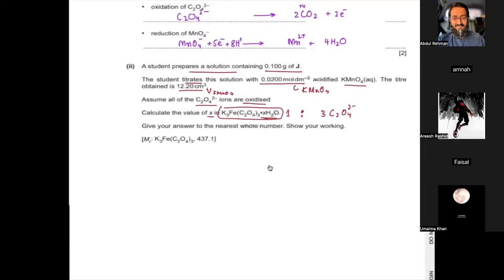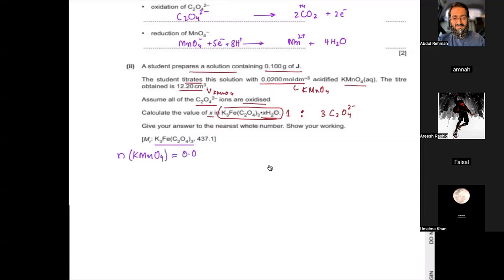So first what you are going to do, you are going to calculate the moles of manganate. And you have the Mr of this whole compound. So moles of KMnO4, you are provided with its concentration and volume.